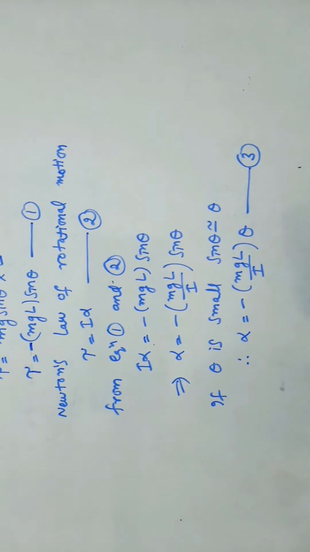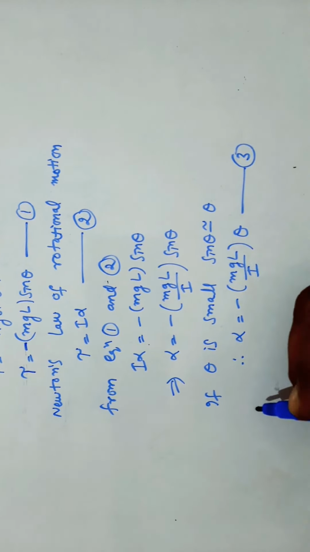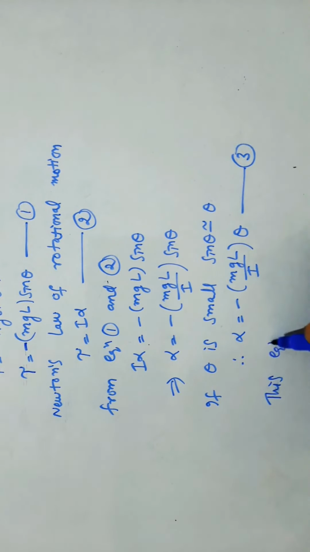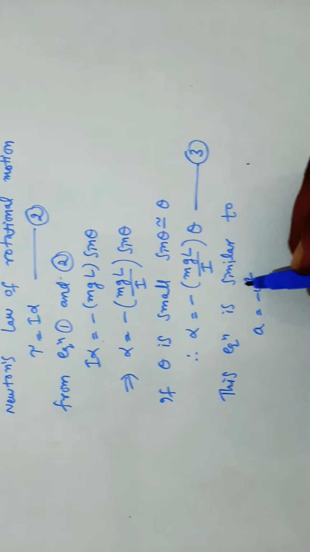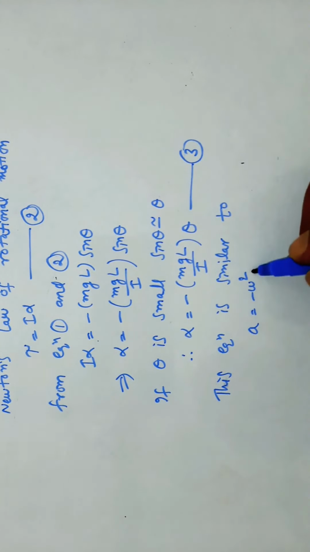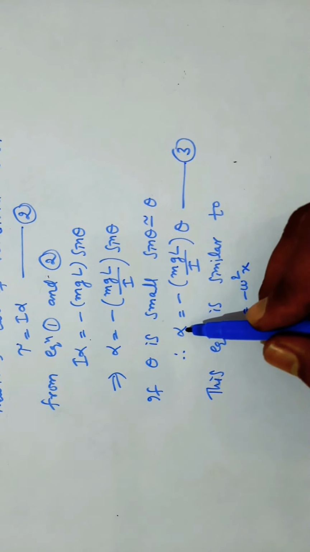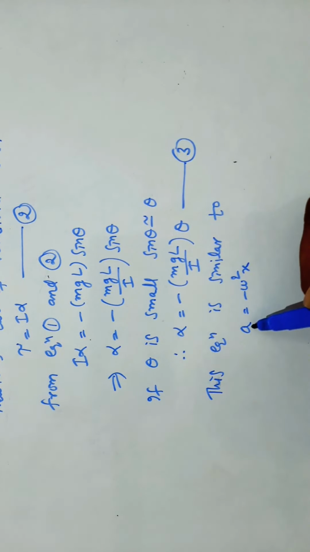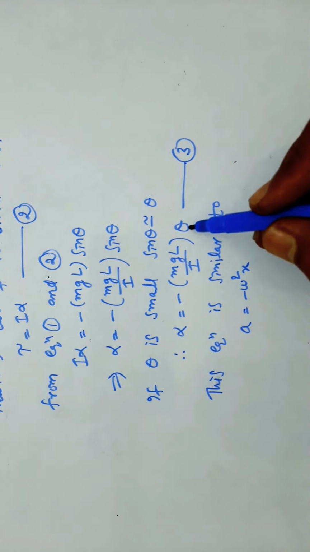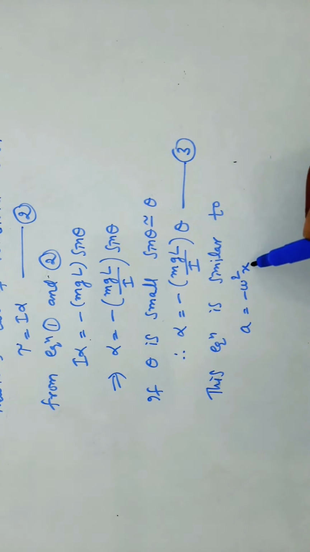But we know this equation is similar to a is equal to minus omega square x. Here it is angular acceleration, here it is linear acceleration. Theta is angular displacement, here it is linear displacement.